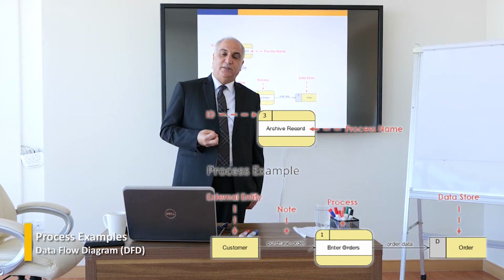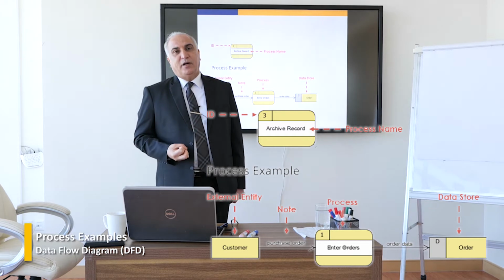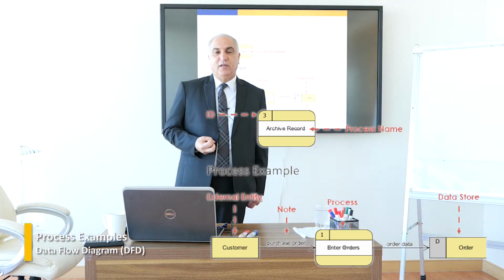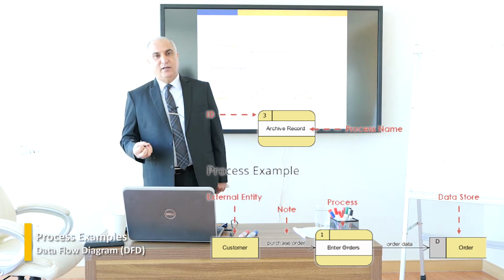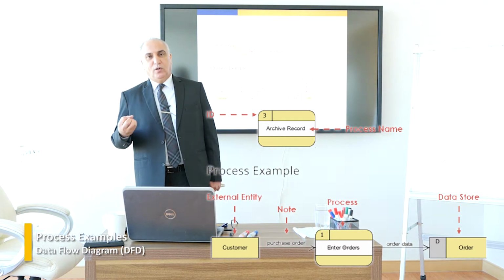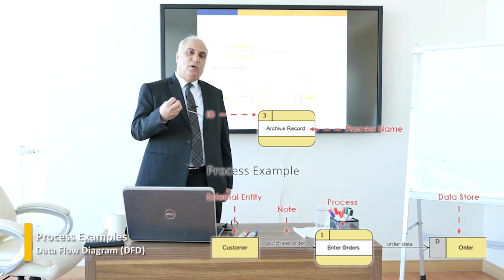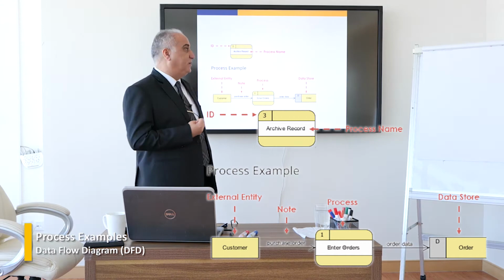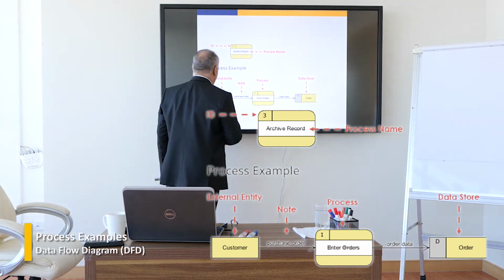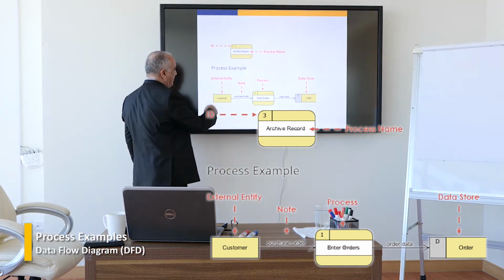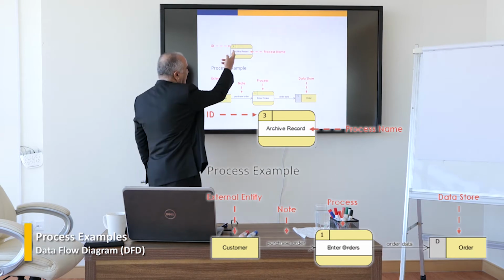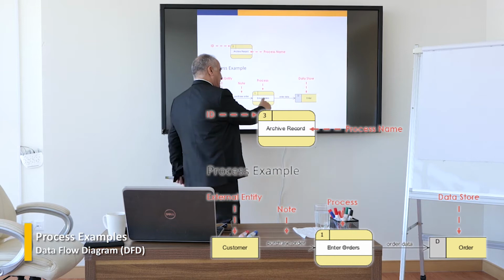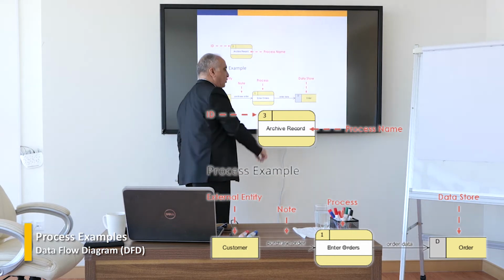You could call it a bank loan or applying for a loan, or a process of enrolling a student, registering a student, placing an order or registering a customer. In our second example, the process is placing an order.